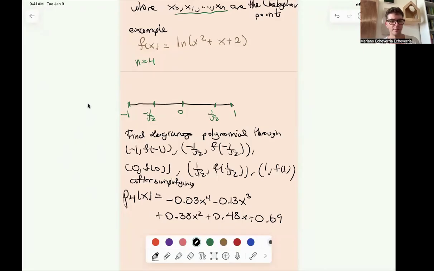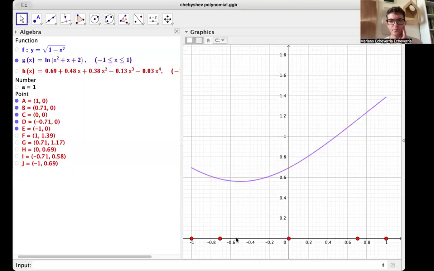So just to wrap this up, let me show you how it looks on GeoGebra. So let's see. Here, the purple curve is the function natural log of x squared plus x plus 2.